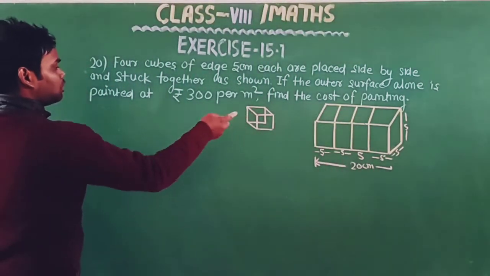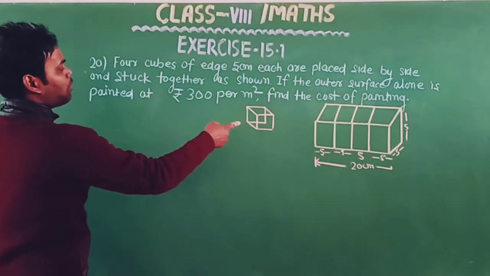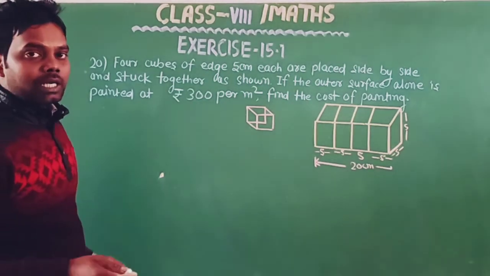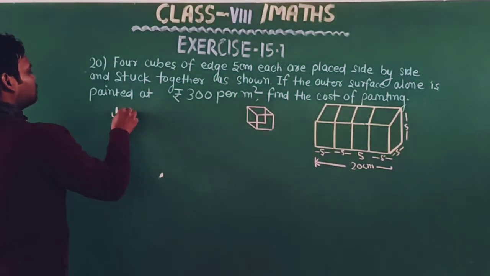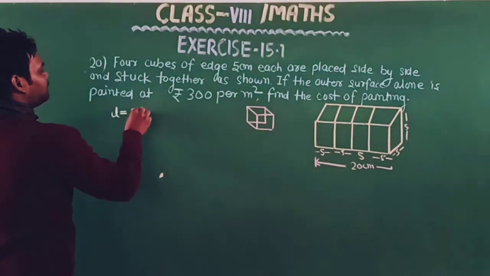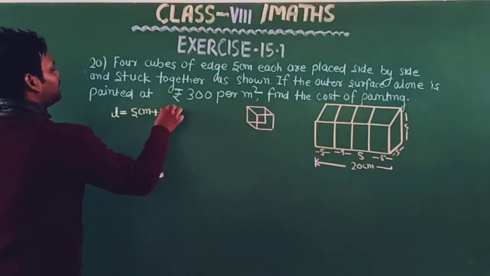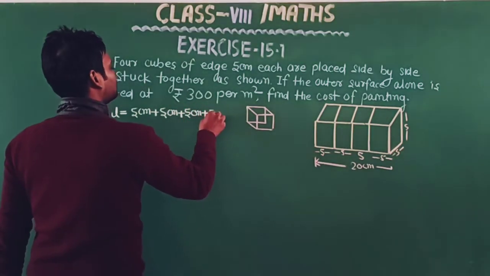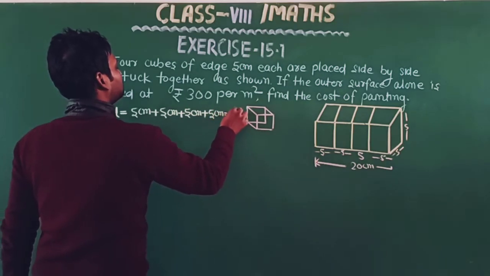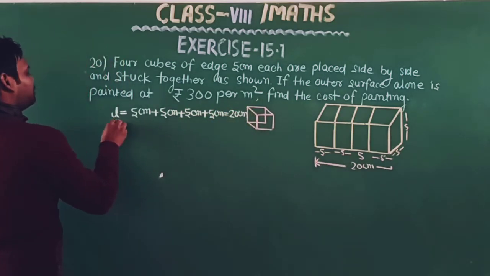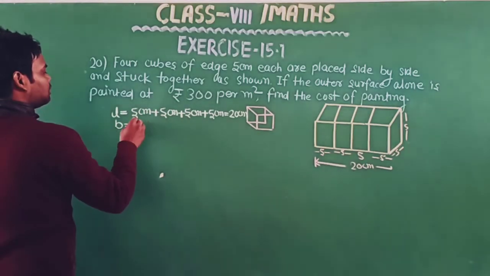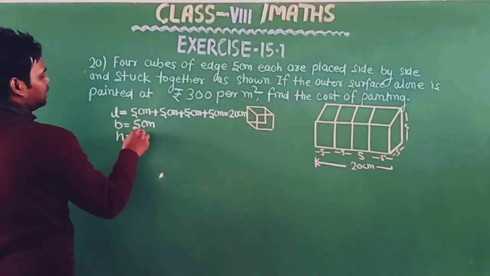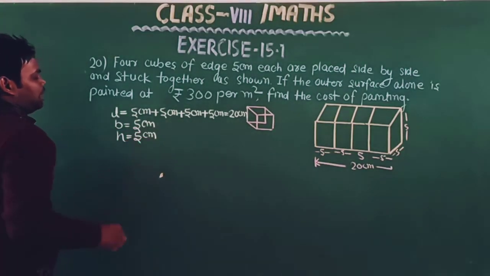So the length of the figure formed by joining cubes of 5 centimeter side by side is 5 centimeter plus 5 centimeter plus 5 centimeter plus 5 centimeter, equal to 20 centimeter, and the breadth is the same as 5 centimeter and the height is also the same.